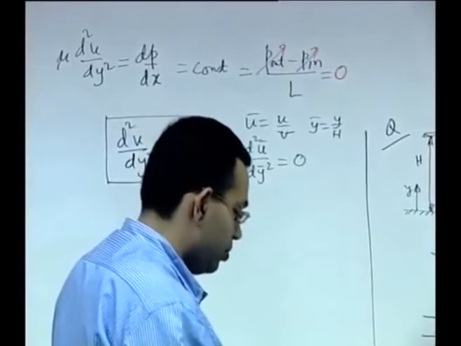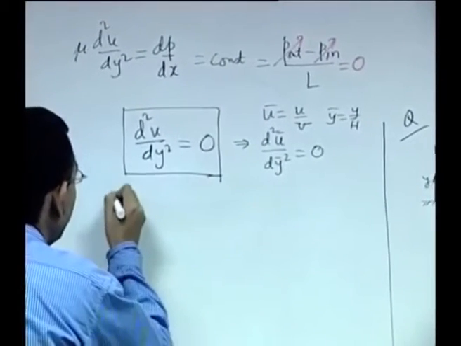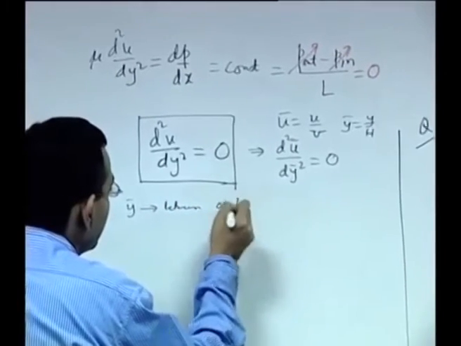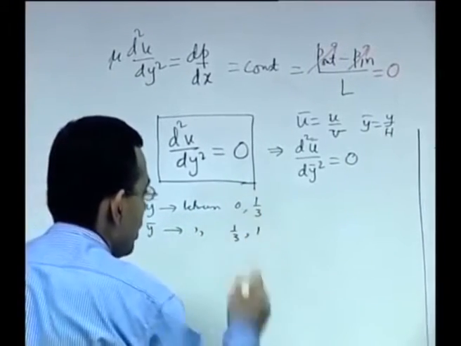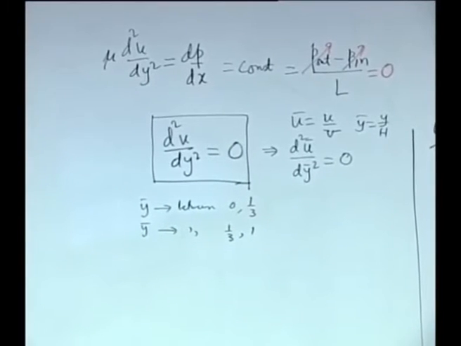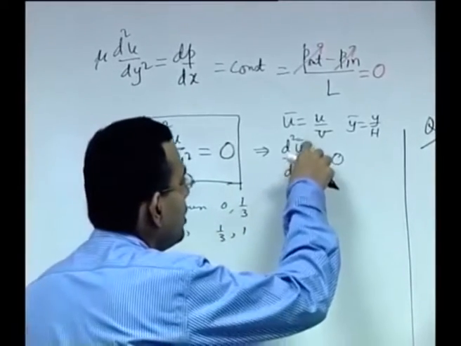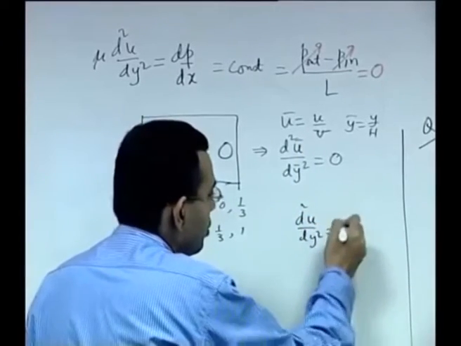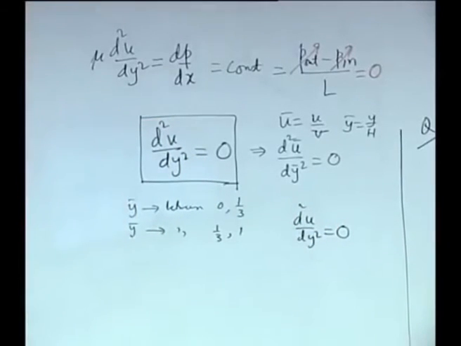So, we have two subdomains, one subdomain is y between 0 to 1/3 and another subdomain y between 1/3 to 1. Just to help in writing, we will omit the bar at the top and we will write d2u dy2 equal to 0, but we will keep in mind that this is u bar and this is y bar, just for the sake of writing we are doing that.